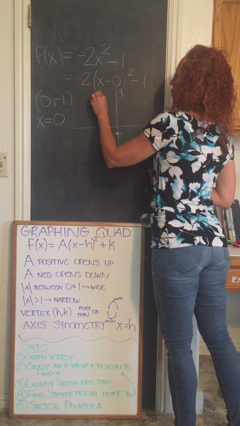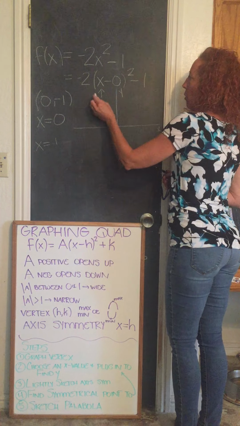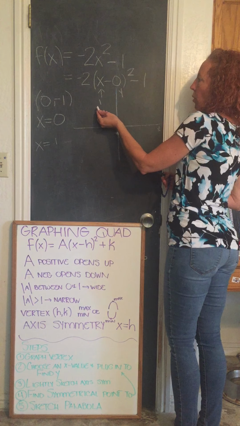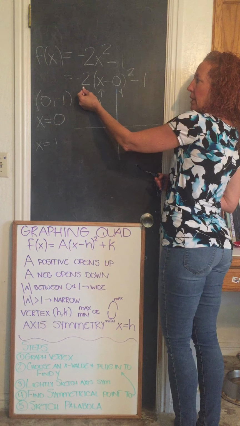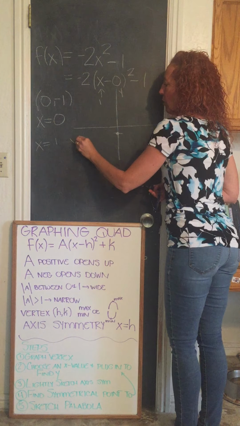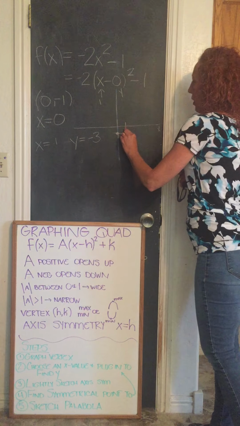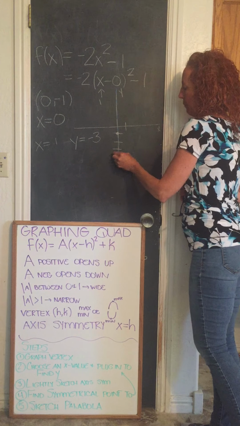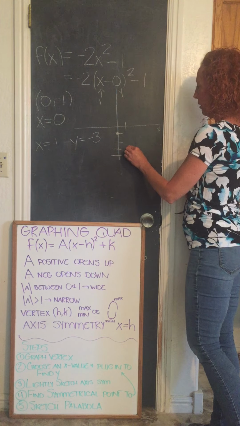So if I put in a 1 right here, x equals 1, 1 minus 0 is 1, squared is 1, times -2 is -2, take away 1 more is y equals -3. So the point (1, -3) is on my graph, so it's right here.